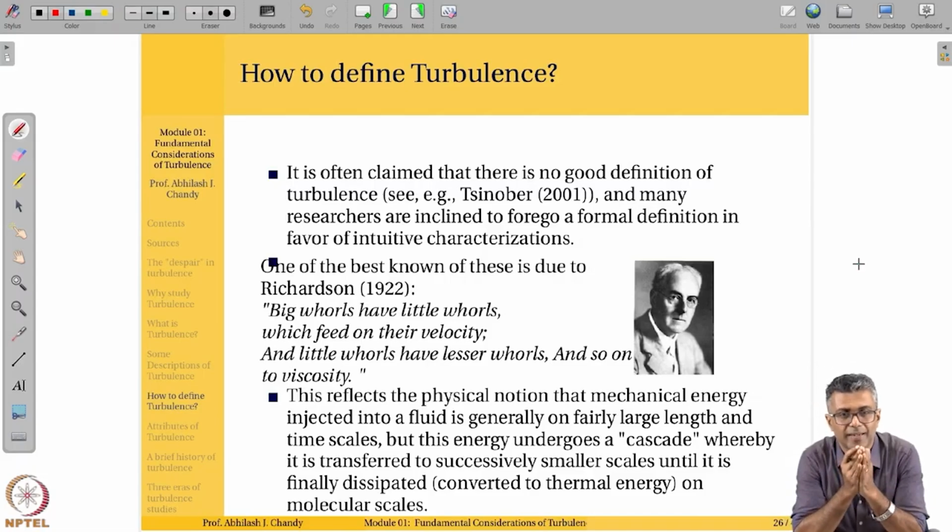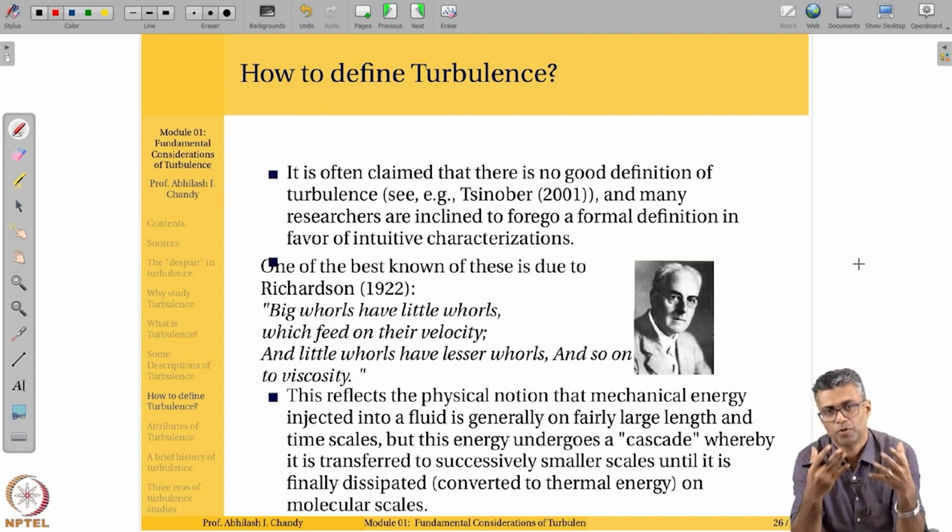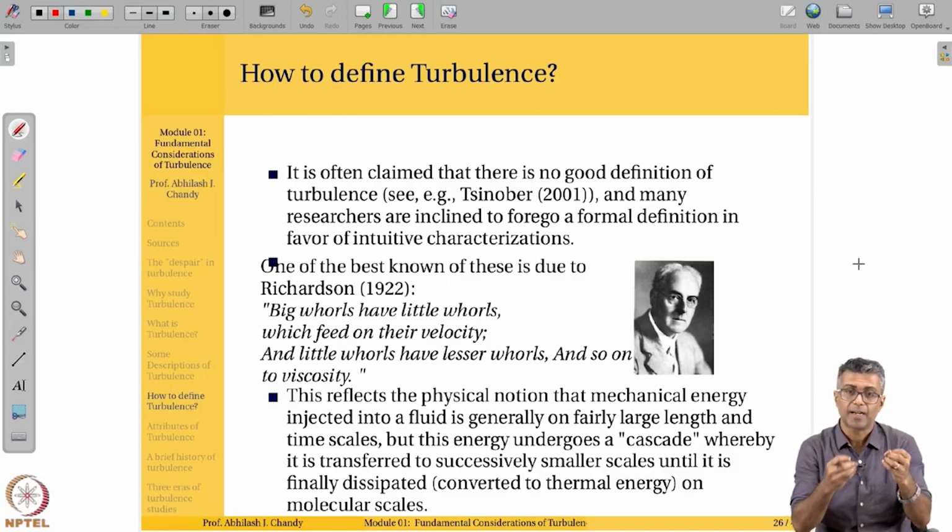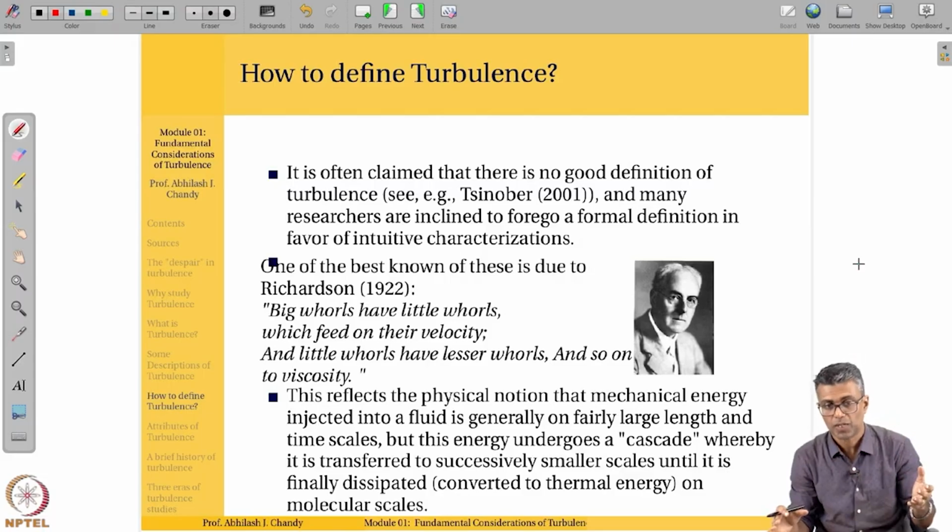Here, what he is describing as walls, one can guess that he's talking about the eddies. So you have large eddies or large scales, and they have some small scales, small eddies, which feed on their velocity, meaning the velocity is what is giving the energy to the large scales, which is transferring the energy to the small scales.